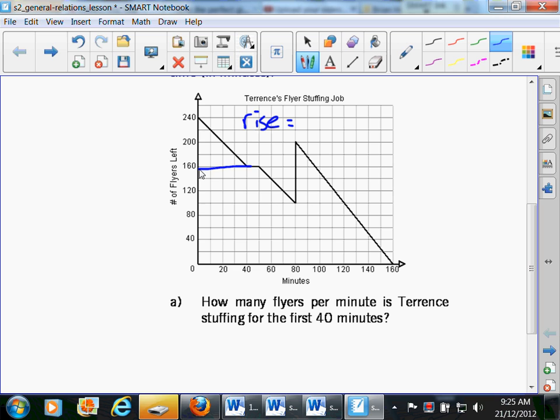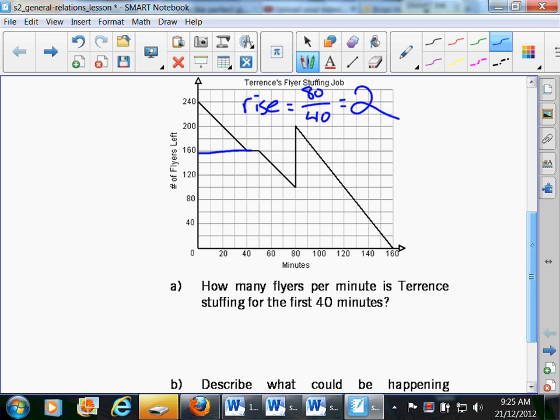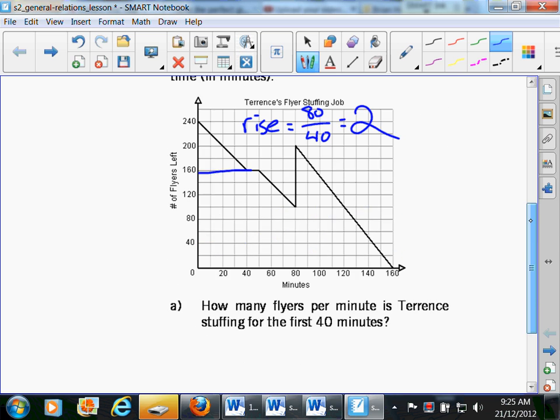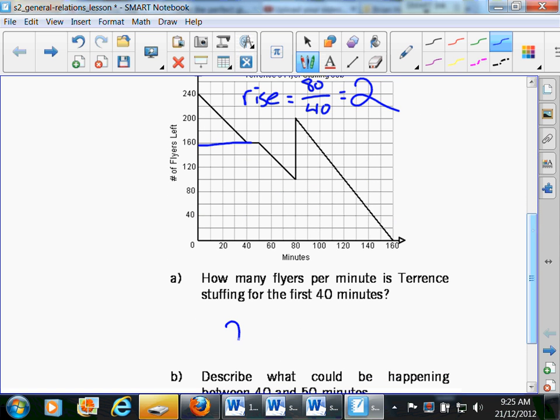So that's 80. The run, well, of course, it's over 40 minutes, right? So it's 80 over 40. So it's just 2. So Terrence is stuffing 2 flyers per minute. Okay? So that's what Terrence is stuffing, is 2 flyers per minute.